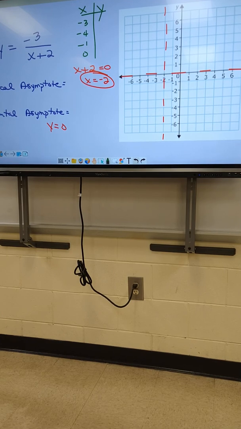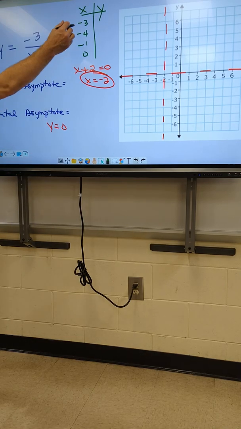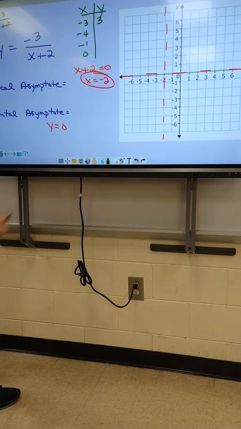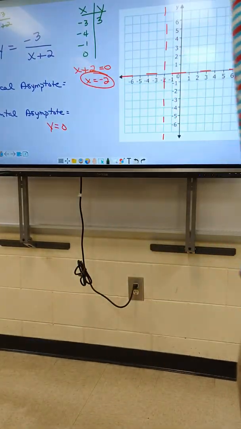Let's see what we get. So if we're going to plug in negative 3 right here, you got negative 3 on top, negative 3 plus 2 on the bottom. Plug it in your calculator. What'd y'all get? Somebody check. Is it positive 3? Is that right? Yes. Okay. Plug in the other 3 and we'll graph it.